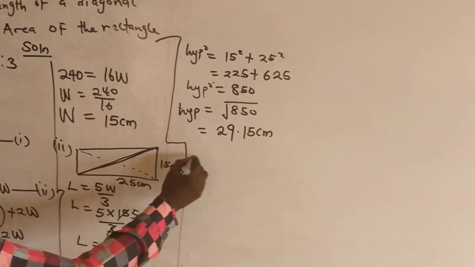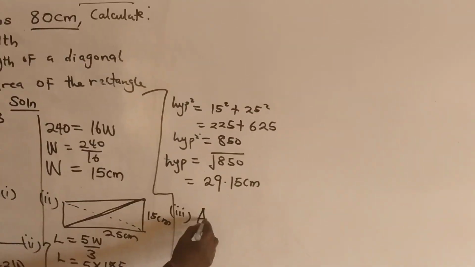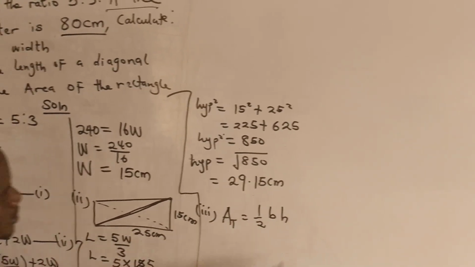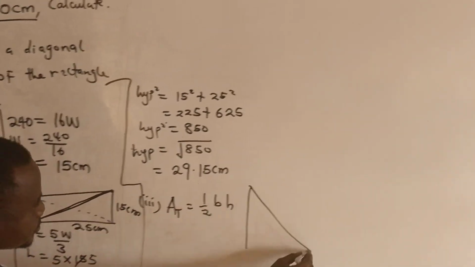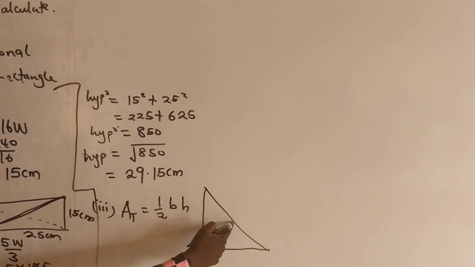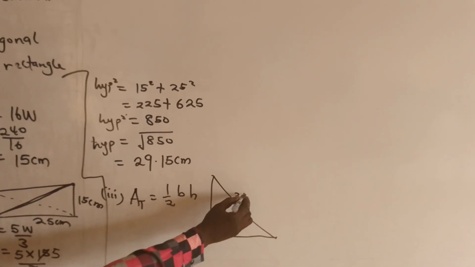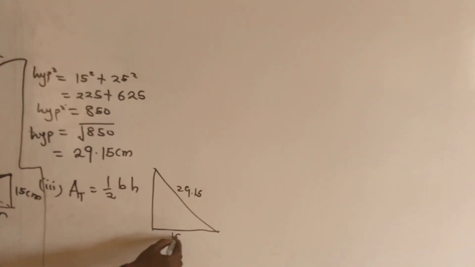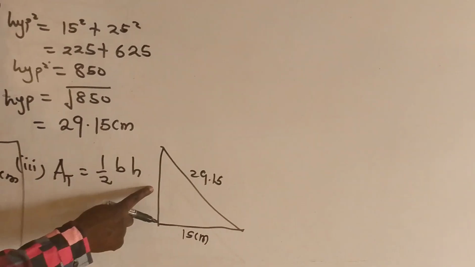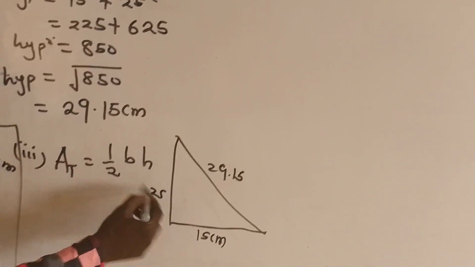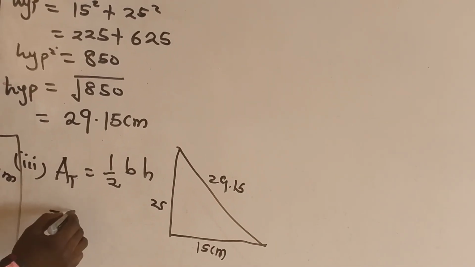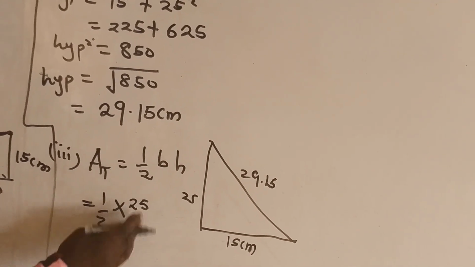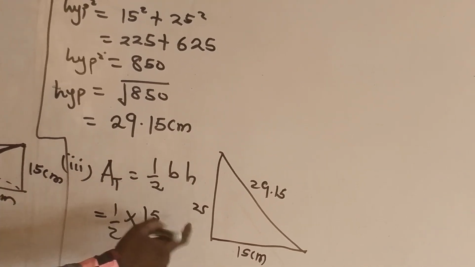Now, the last question, find the area. Area of triangle will be half base times height. The triangle is like this. This is the longest side, the diagonal, 29.15. This is the base, which is 15, the width. And this is the height, which is 25. So it means that area will be 1/2 times 15, the base, times 25, the height.